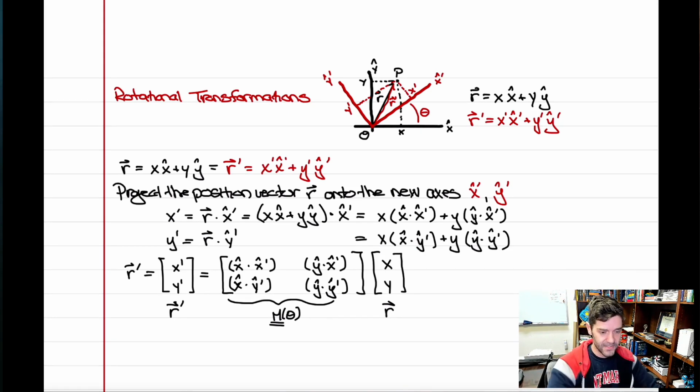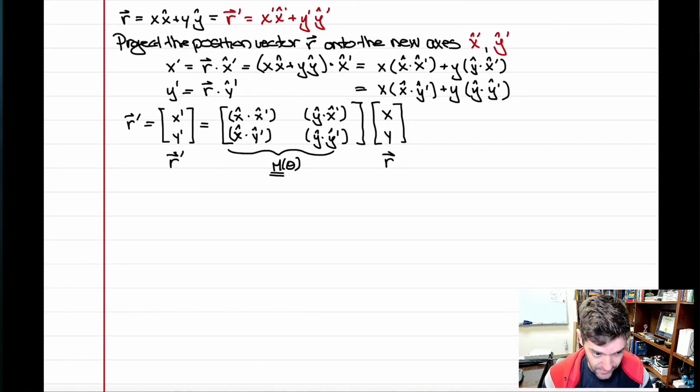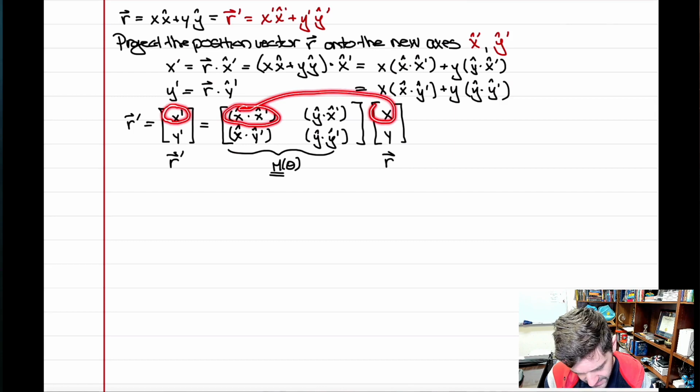Now, matrices, there's a lot of theory that you can go into when you take a linear algebra course. So let me just give the simple picture here of how you do a matrix multiplication like this. Well, notice if you look at the lines directly above the matrix, to figure out the component x dash, it looks like I take this value and multiply it by x, and then I add to it this value that I multiply by y.